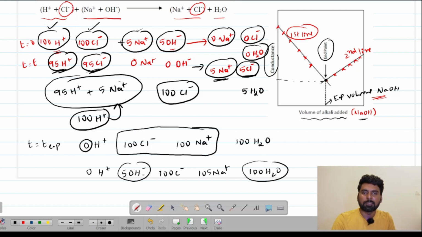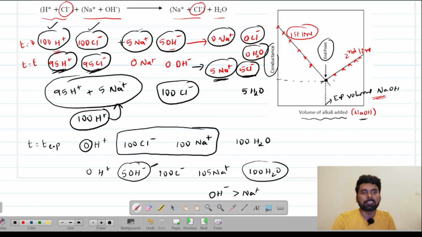So what I wanted to tell is, after the endpoint you can track OH minus ions in the solution. Once the reaction is over and the endpoint is passed, when you keep on adding alkali from the burette, OH minus ions keep on increasing. And you know that OH minus ions have more mobility than Na plus ions.